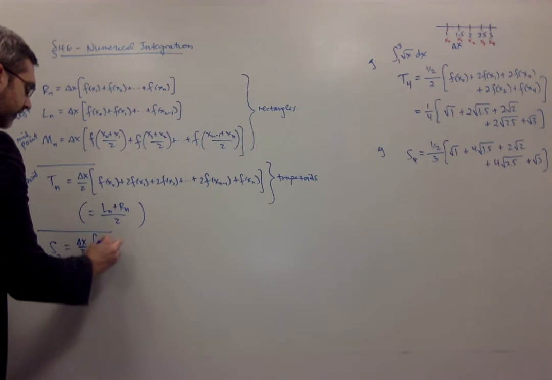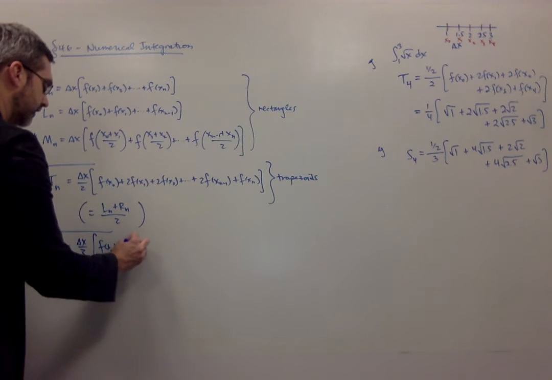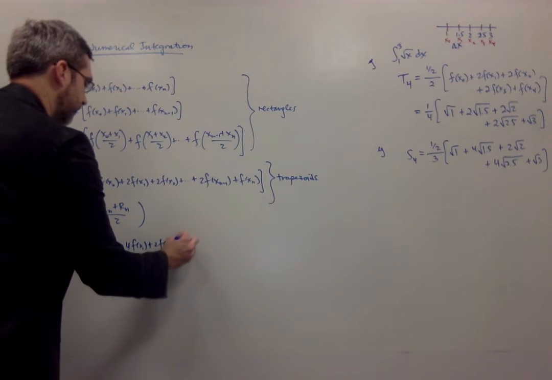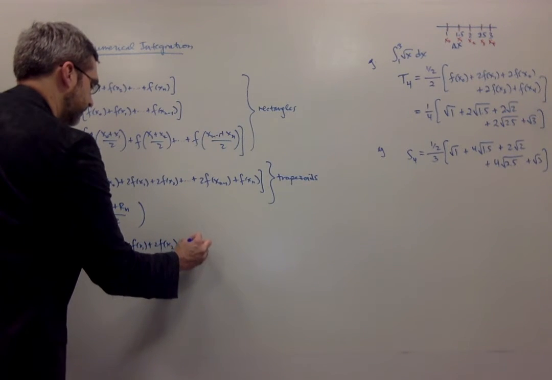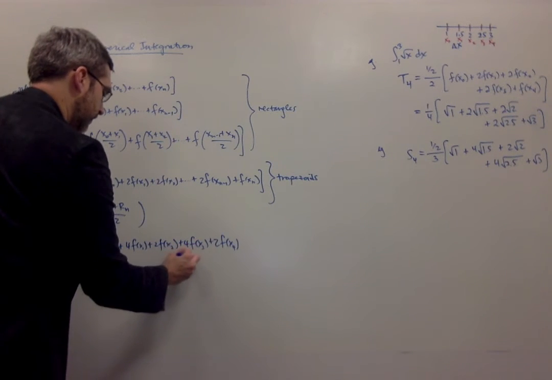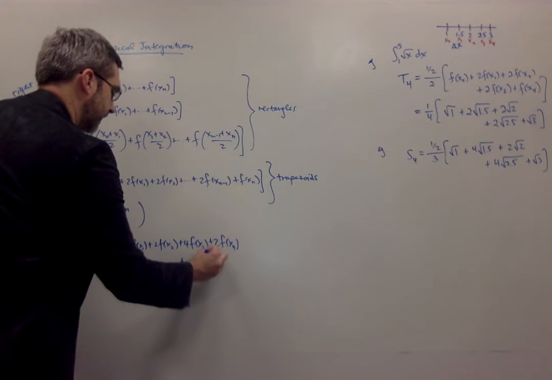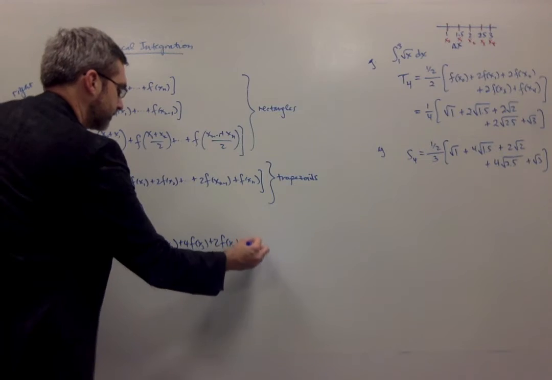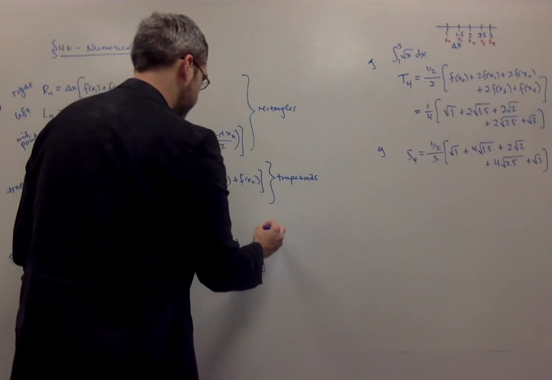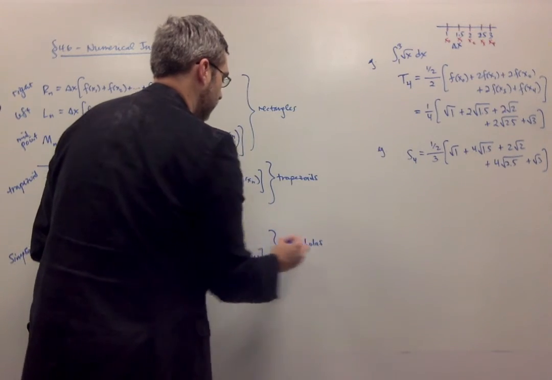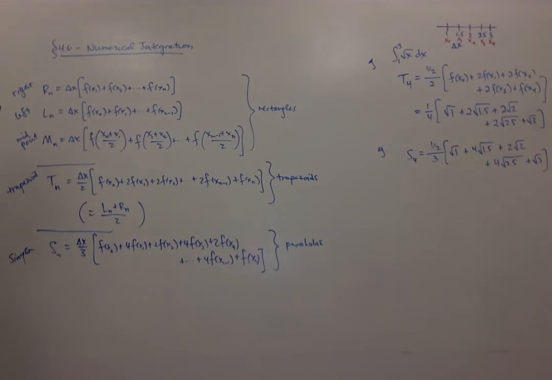I take 1 of the first thing, 4 of the next thing, 2 of the next thing, 4 of the next thing, 2 of the next thing, all the way up to 4 of the second to last thing, and then just 1 of the last one. Okay, and again, what we're doing there is we're approximating using parabolas on triples of points, groups of 3 points each.